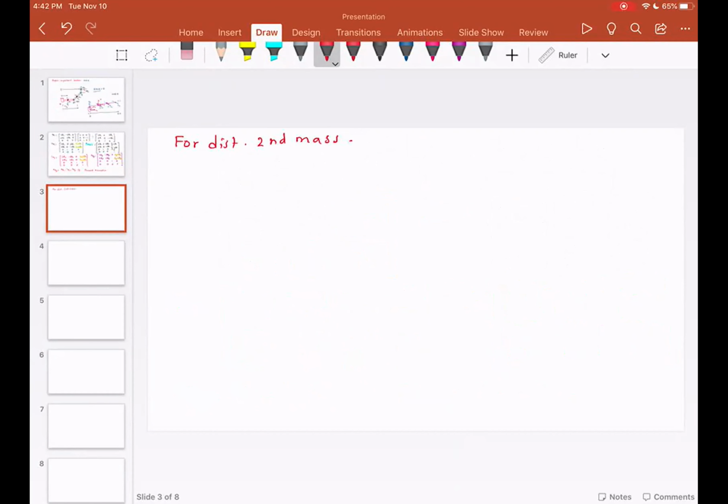For that, I need to change my matrix 1HM2, and this matrix is going to get changed: cosine theta 2, minus sine theta 2, 0, L2 by 2 cosine theta 2, sine theta 2, cosine theta 2, 0, L2 by 2 sine theta 2, 0, 0, 1, 0, 0, 0, 0, 1.